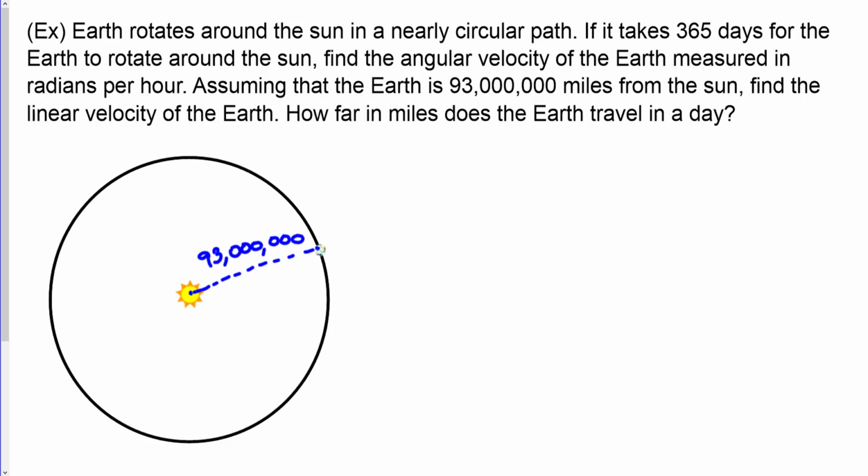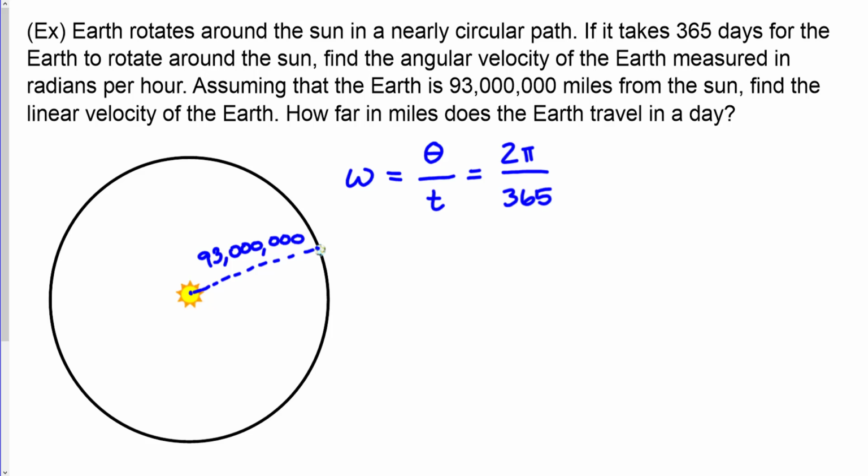So we can calculate the angular velocity, because that's going to be the angle through which you rotate and the amount of time it takes to rotate through that. So one complete rotation is 2 pi radians. The amount of time to do that is 365 days. So what we're going to have here is this in radians per day.